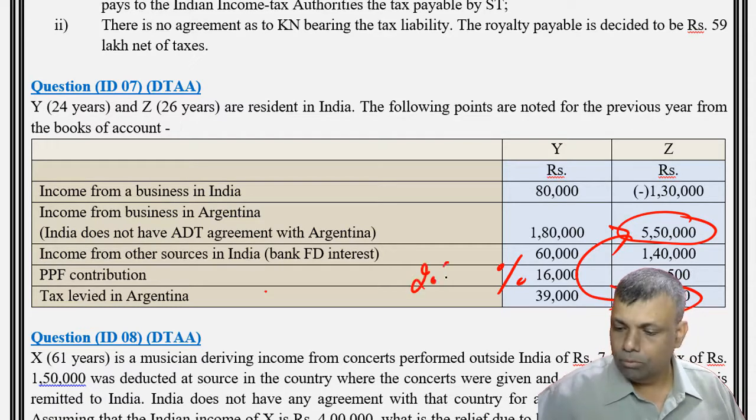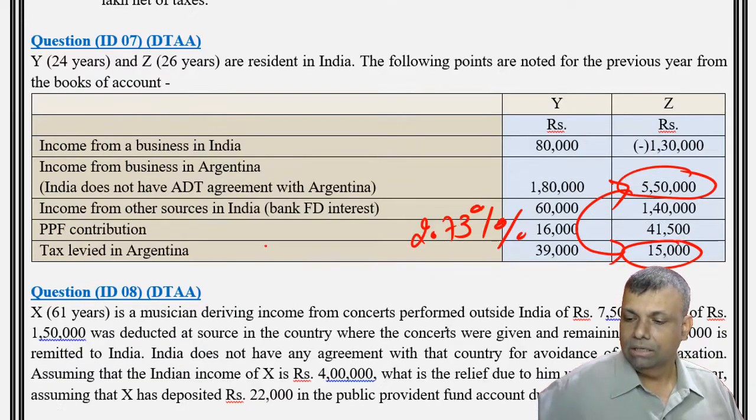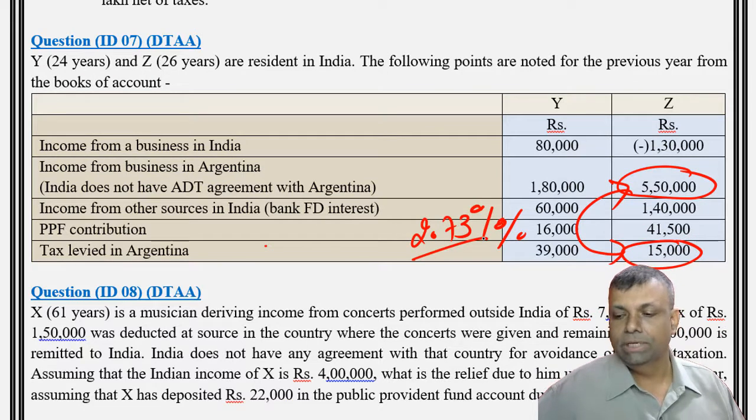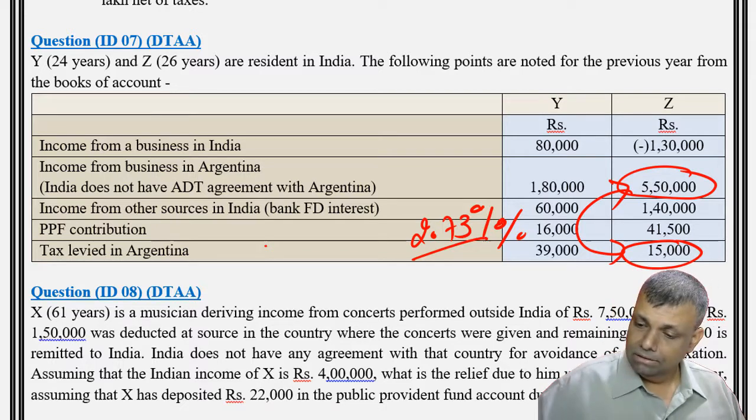I think 2.73% I am getting. Okay, just check. So this is your foreign average rate. But your doubly taxed income will not be full 5,50,000. It will be 5,50,000 minus your 80C. As simple as that.